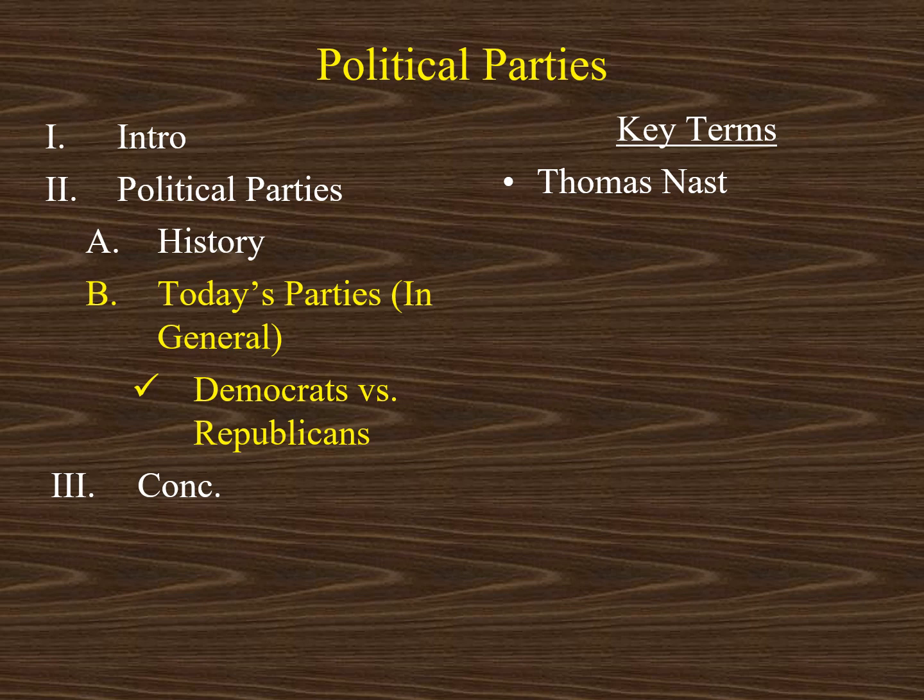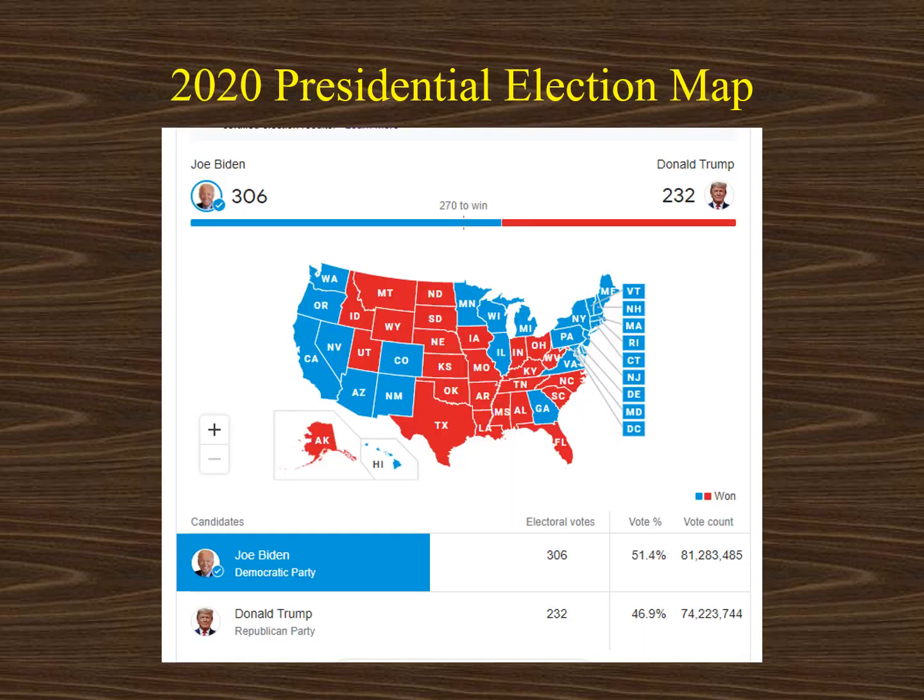I think that's enough of the history. I'd like to spend most of the time in this lecture addressing today's political parties. I've shown this map before, but it identifies the totals from the 2020 presidential election campaign. The red states indicate states won by candidate Donald Trump. The blue states indicate states won by Joe Biden.